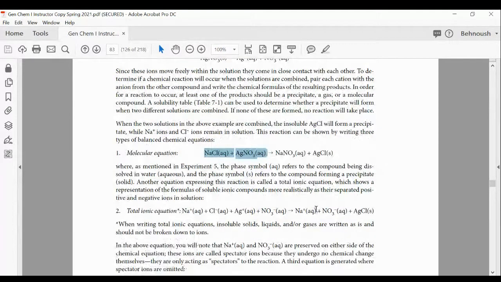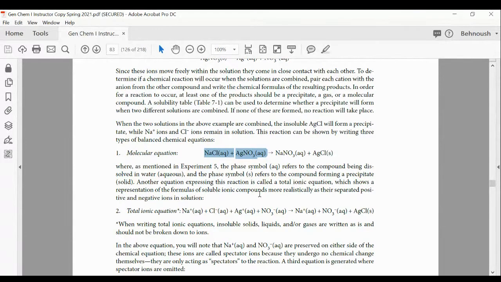And also the other technique that you learn here is to predict, if a precipitate forms, for example, what is the precipitate? Is it sodium nitrate the precipitate, or is silver chloride the precipitate? Because when you mix two clear solutions, in a test tube, and they are both clear liquids, you mix them together, you will see a solid formed.